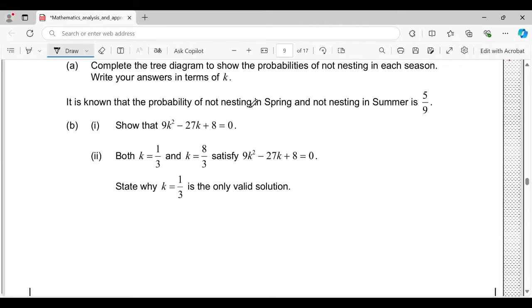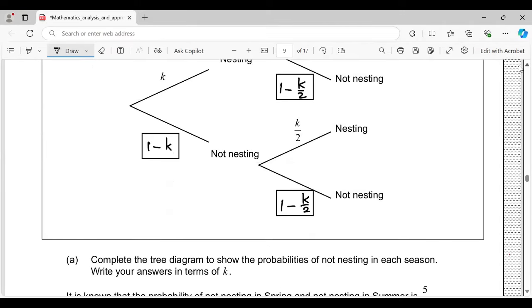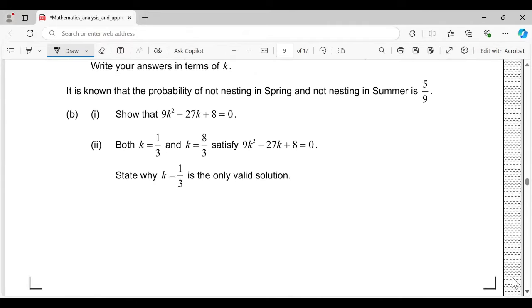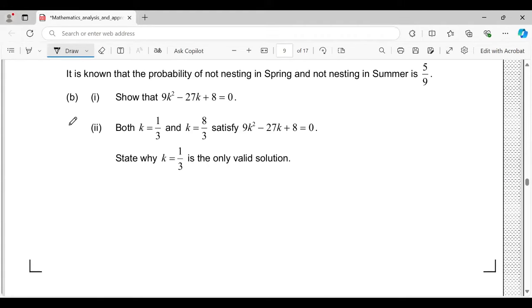Not nesting in spring is 1 minus k, not nesting in summer is 1 minus k/2. So (1 minus k) times (1 minus k/2) equals 5/9.